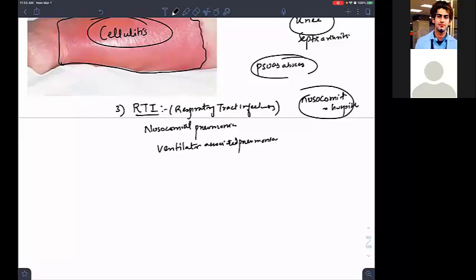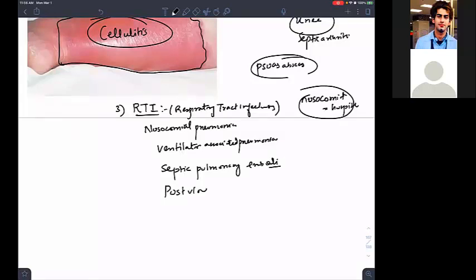Or a septic pulmonary embolism, or septic pulmonary emboli, you can write. Next, if someone had a viral infection, and a patient comes with a pneumonia after the viral infection, we say post-viral pneumonia.